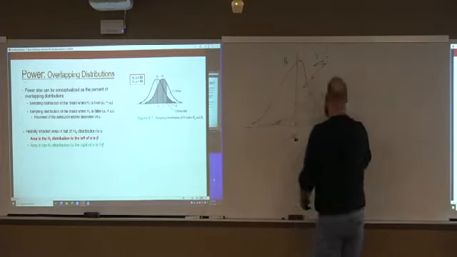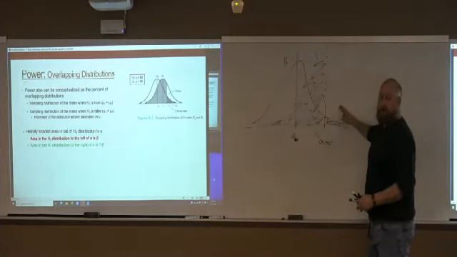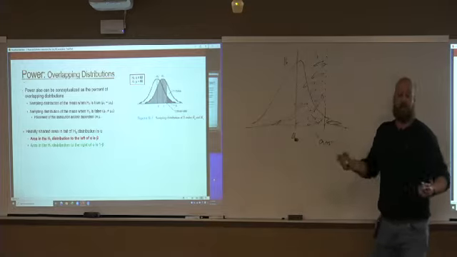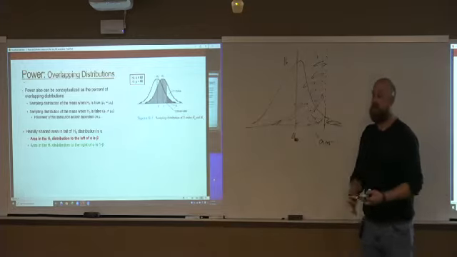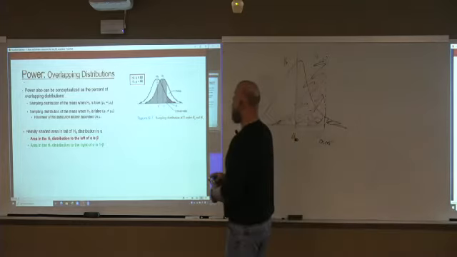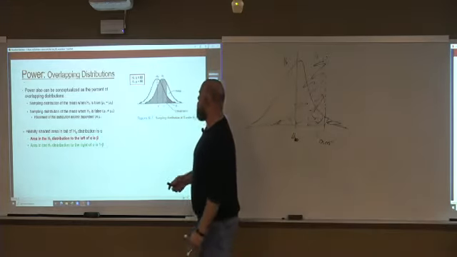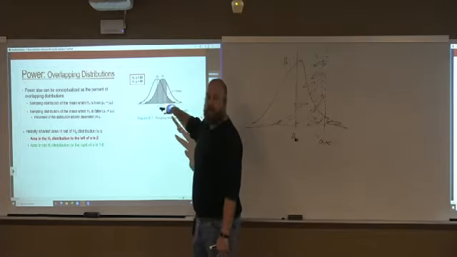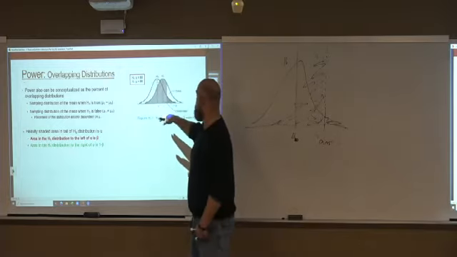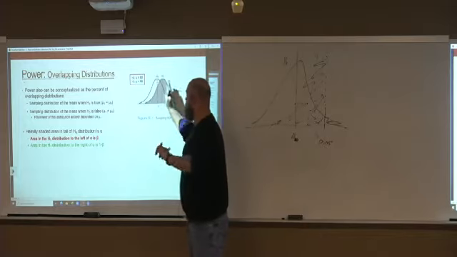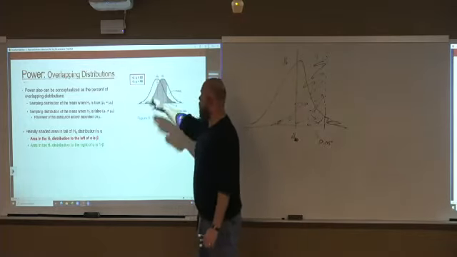Now if I'm down on this end, I'm past the alpha level and I'm making the correct decision. I'm rejecting the null hypothesis, right? But what we're seeing in this graph is this heavily shaded area, my critical region under the null hypothesis.